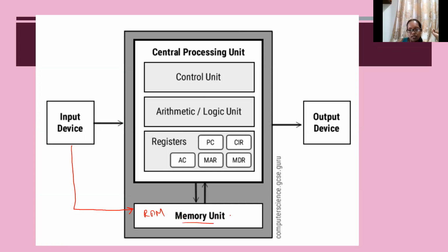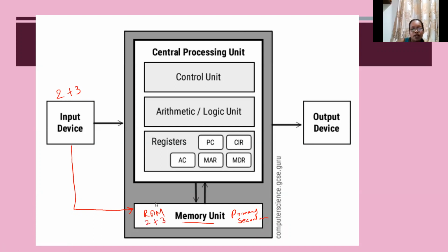The memory unit refers to the primary memory or RAM as well as the secondary memory or hard disk. Both are represented by this memory unit. Now, say you are taking 2 plus 3. These are the data you are entering through the keyboard, some input data. Once you input those data, it will first send that to the main memory. Now it resides in the main memory.